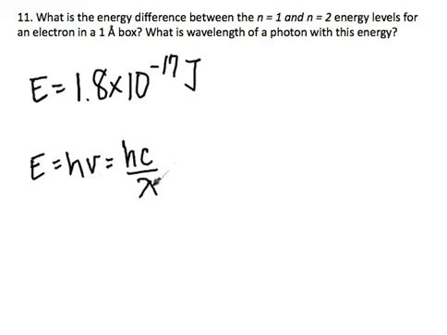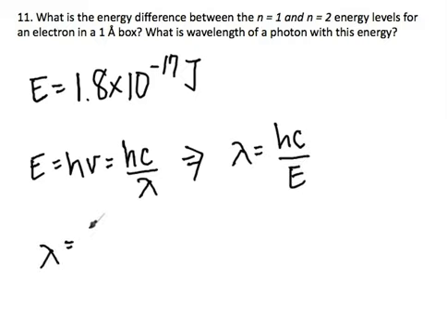So we have all the information we need to calculate the wavelength. So let's reorganize that last equation. So we'll get that the wavelength equals Planck's constant times the speed of light over the energy.